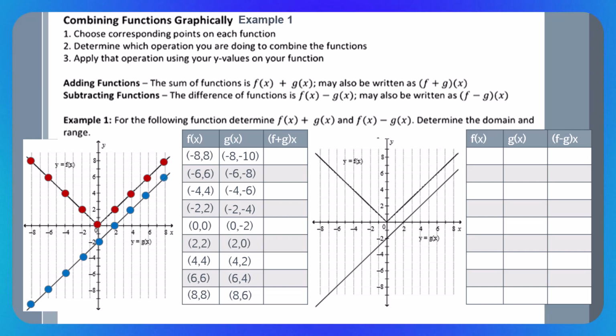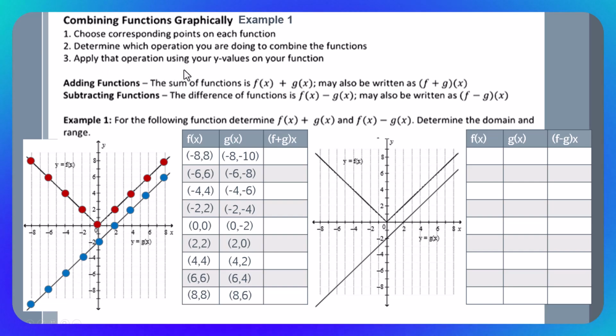All right, now I'm going to add those. So we're going to combine with addition. Okay, look at your rules. Choose the corresponding points on each function. So we chose some corresponding points. We're going to determine which operation we're doing to combine the functions. So our operation is addition.